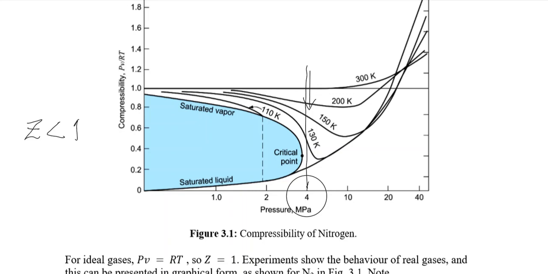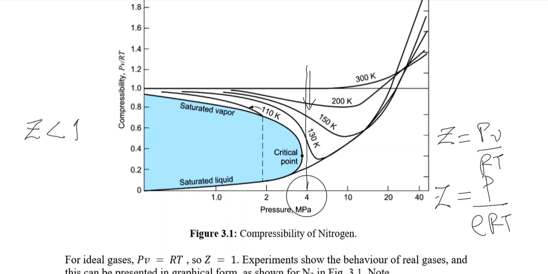In that case, Z is equal to PV by RT, and remember that V is volume per unit mass, so mass per unit volume is density. That means P would be equal to rho RT. That gives us a relationship between the compressibility factor Z and the density.